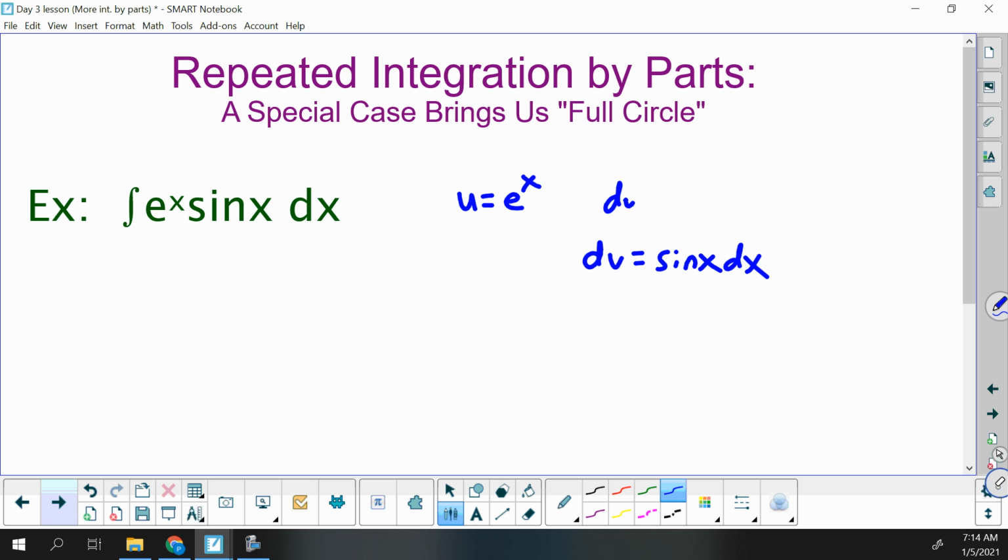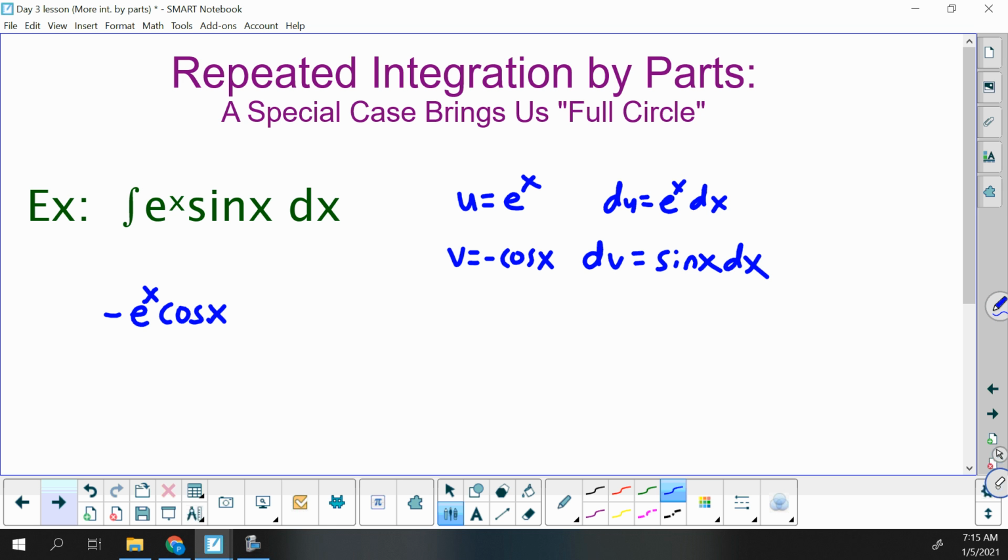Our du will be e to the x dx. And our antiderivative for v would just be negative cos x. So this will give us negative e to the x cos x for our uv.